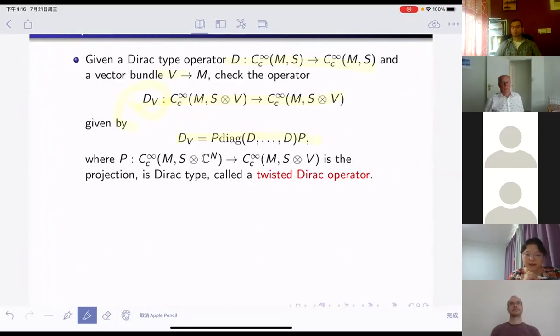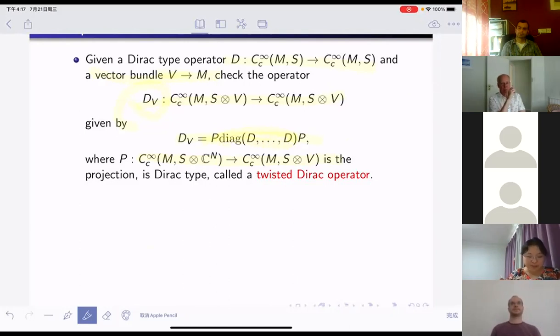Because we have Serre-Swan's theorem, the sections of a vector bundle can be regarded as a direct summand of a free module. And from that free module, one can produce a projection. And on that free module, one can produce this diagonal operator, just act by the original Dirac operator and compressed by these projections. It turns out this is also a Dirac type operator.